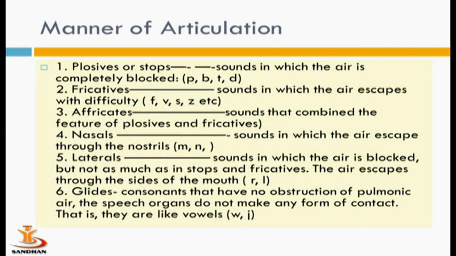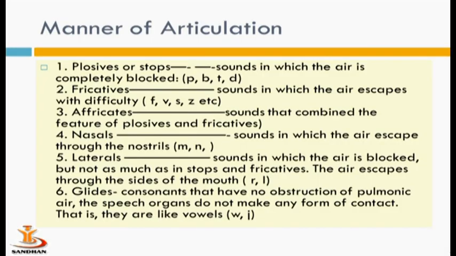Sounds in which the air escapes with difficulty. What happens in affricates? Sounds that combine the nature of plosives and fricatives. What happens in nasals? Nasals, air escapes through the nostrils. What happens in laterals? What happens in glides?